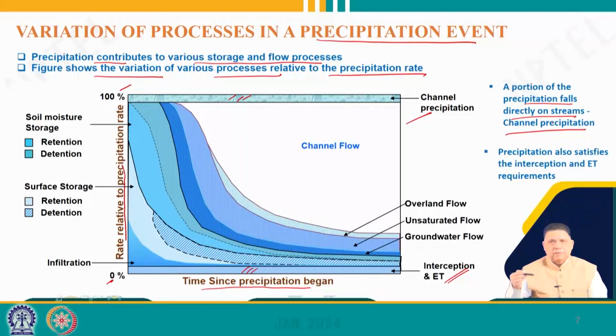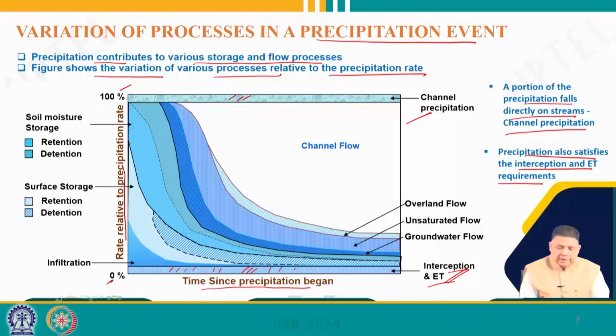So, whatever precipitation occurs directly on the surface of the stream or river or watercourse, that is channel precipitation, whereas precipitation also satisfies the interception and evapotranspiration requirements. So, that is why a percent of precipitation is being considered in the form of interception and evapotranspiration.